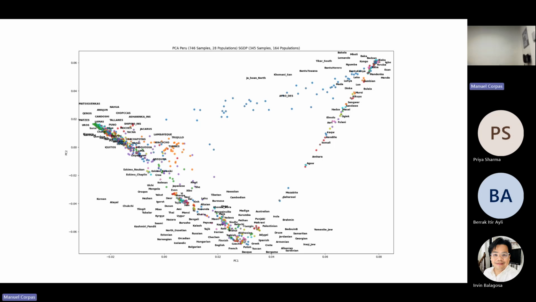Do we have Kazakh somewhere? Maybe around here. Here it is. Uyghur. I'm sure you are somewhere here. Tibetan. Greek.